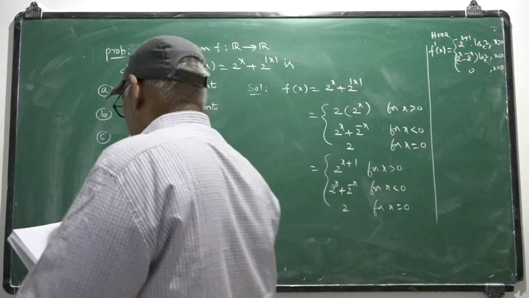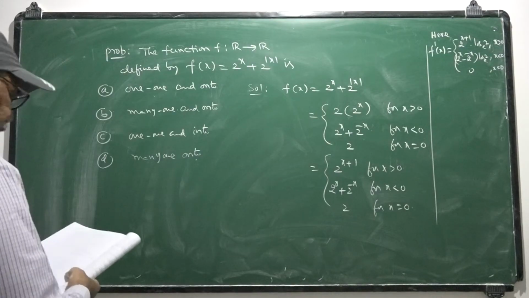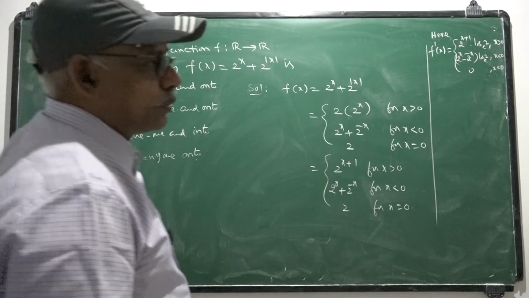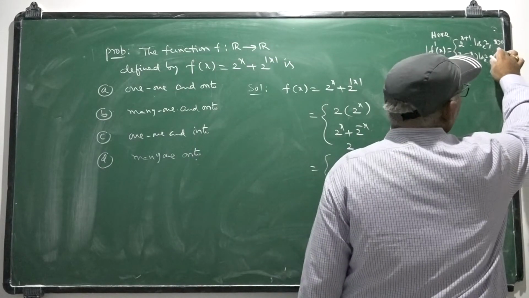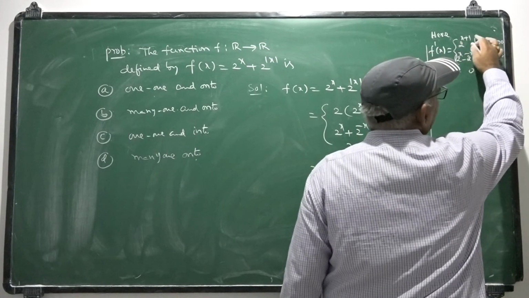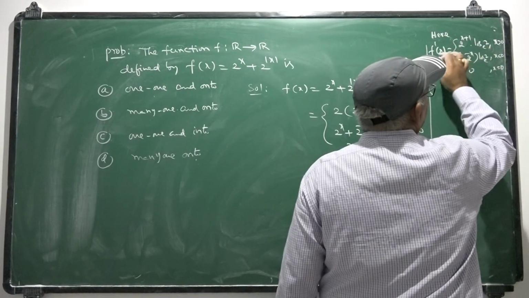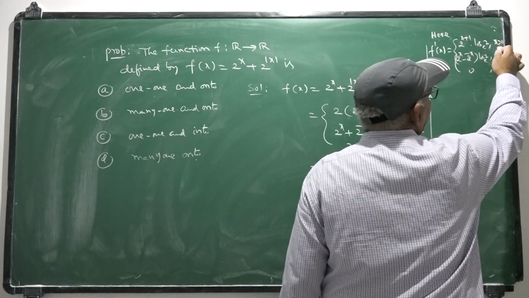This is the derivative of the function. For x positive, clearly this is positive. This means f dash x is positive in case of x greater than 0.